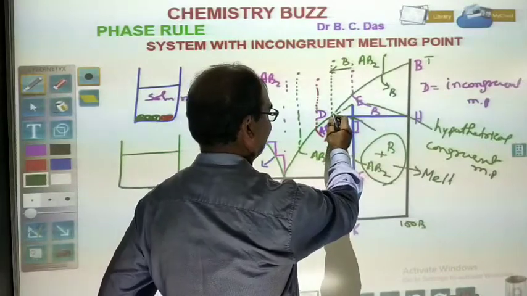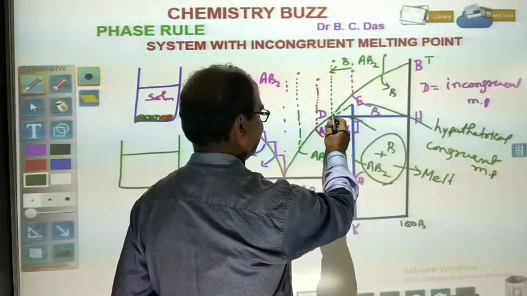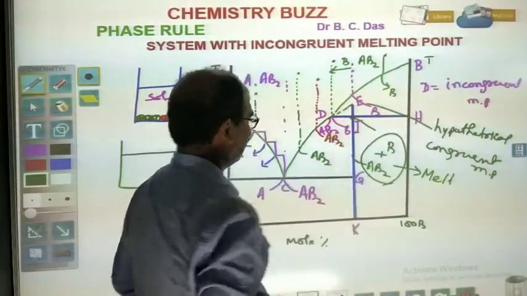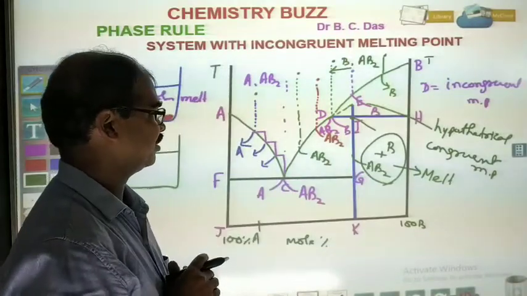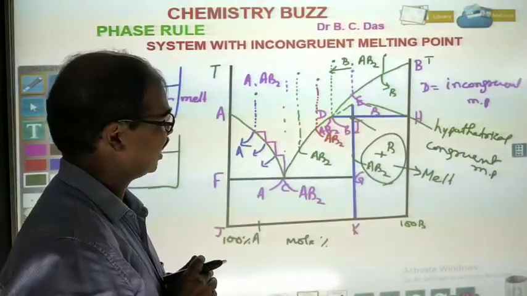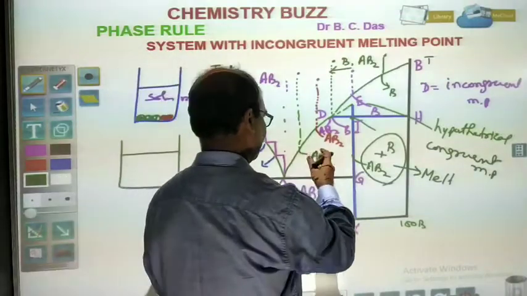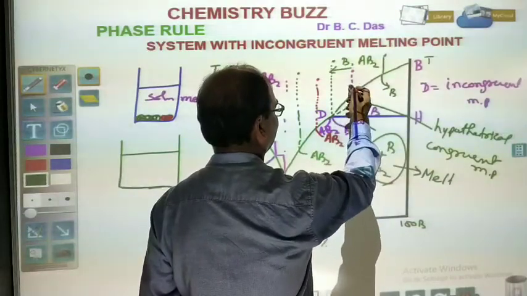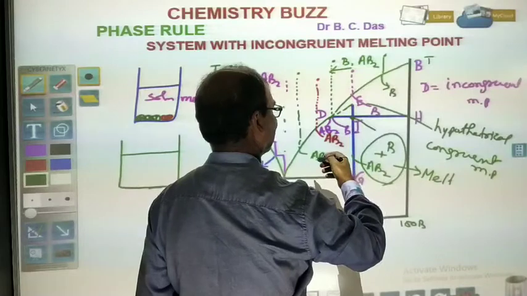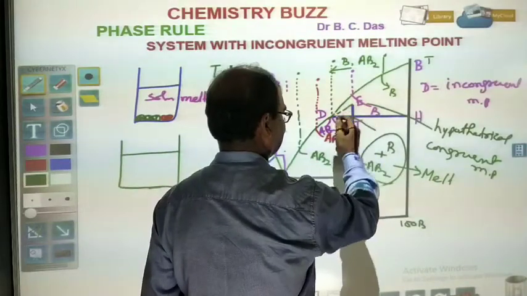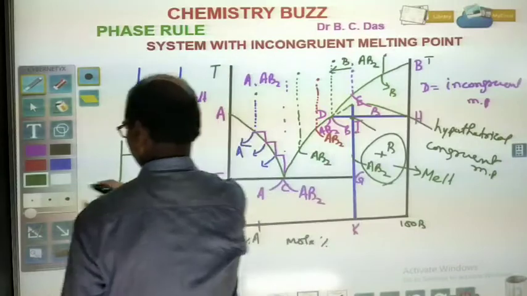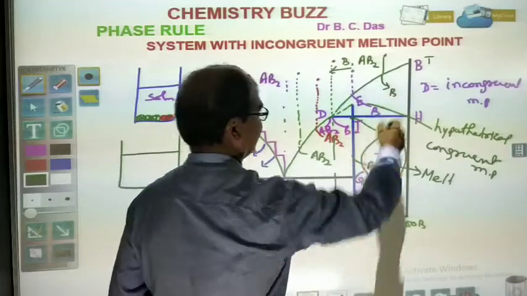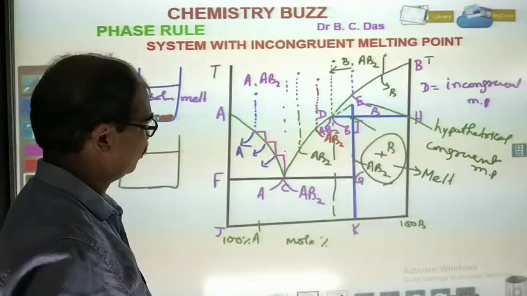It is called the incongruent melting point because at this point the formation of AB2 is there, but to a lesser extent, and more of the AB2 dissociates into the solution, that is B and AB2. After this composition, the solid B separates out from the solution.